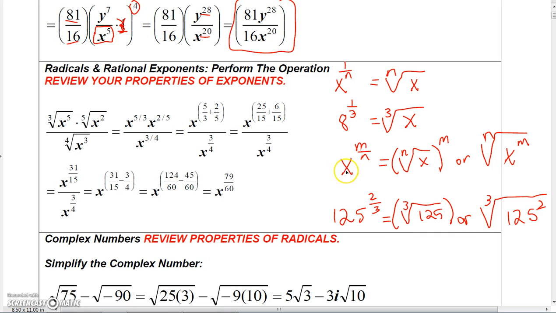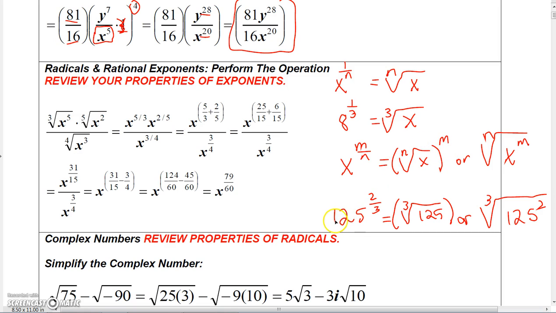Alright, and if you have x to the m over n, then that can be thought of two ways. You can think of it as the nth root of x, then raised to the m power, or you could raise x to the m power, then take the nth root. Generally, it's easier to take the root first and then raise it to the power.